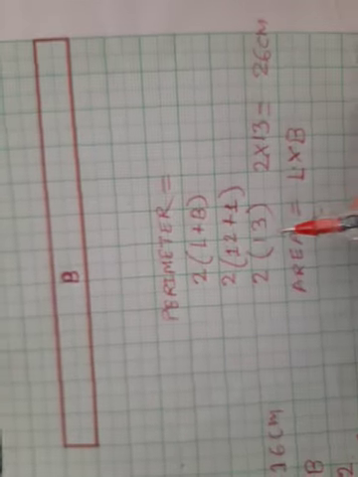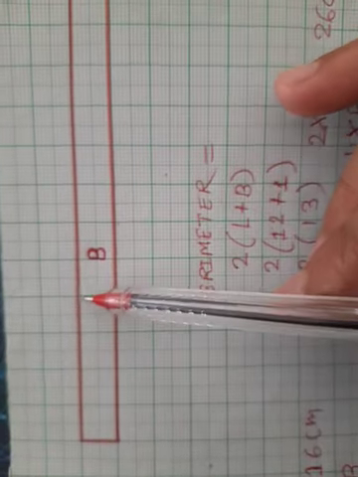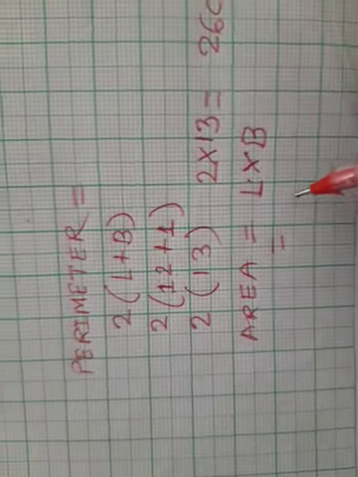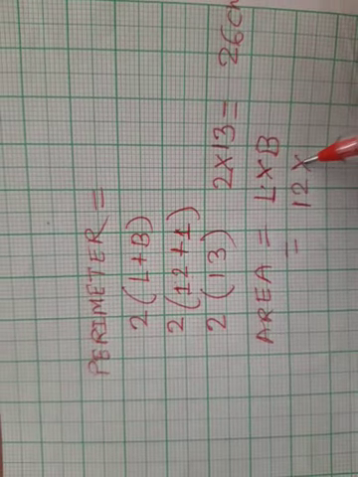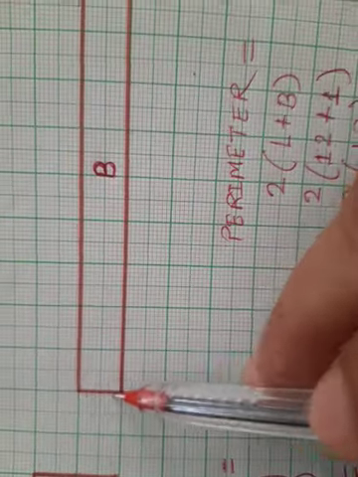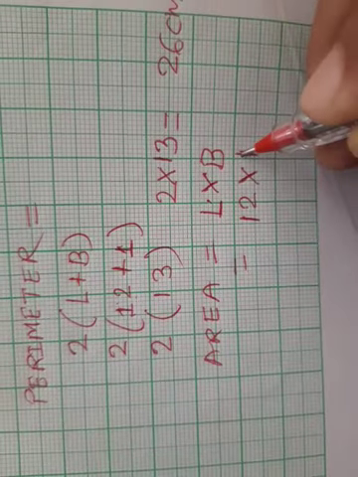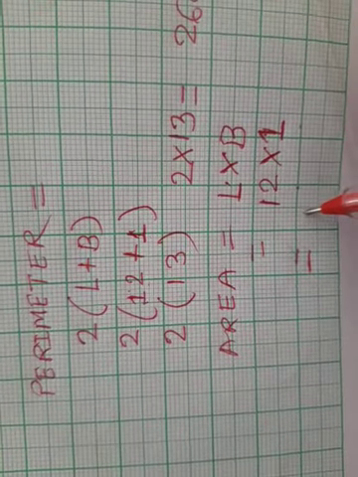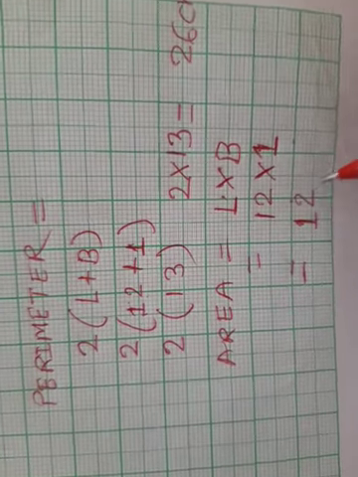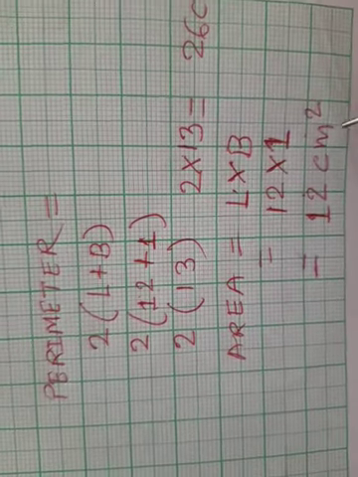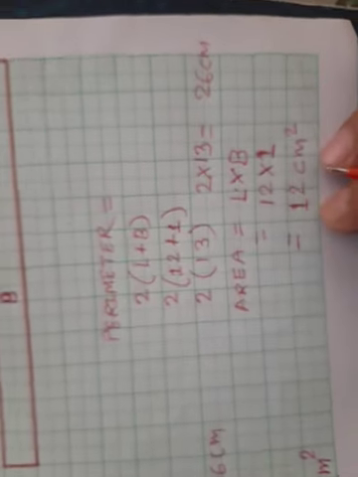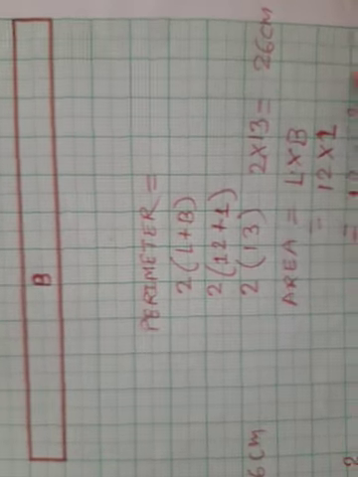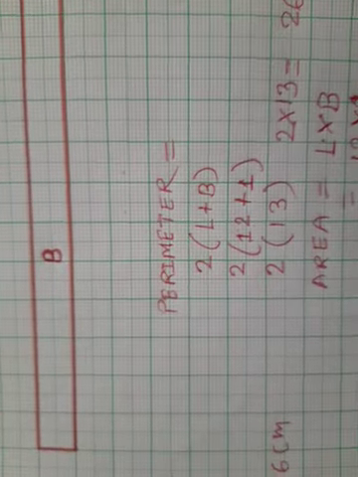Here the length is 12 centimeter, and breadth is 1 centimeter. So 12 into 1 is 12, but centimeter square. So manually and by the formula we got 12 centimeter square, which is the area of rectangle B.